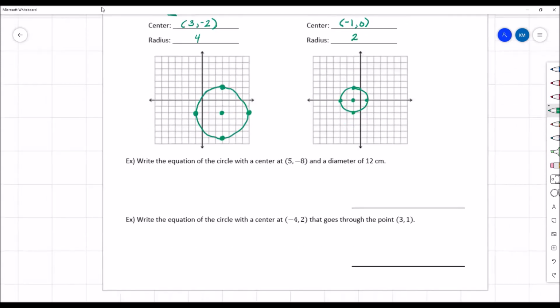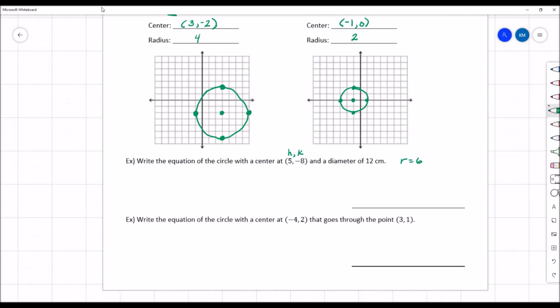It says write the equation of a circle with center at (5, negative 8) and a diameter of 12. So first, remember that our center (h, k) helps us out. For the equation of a circle, we want to find the radius. If the diameter is 12, then our radius is 6.